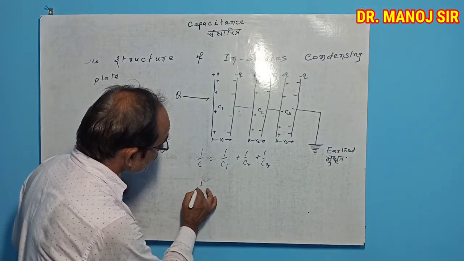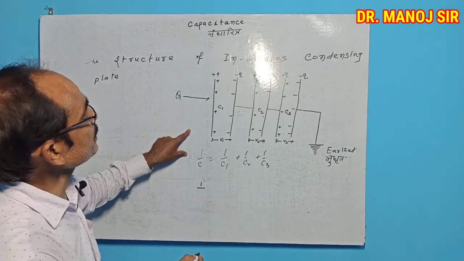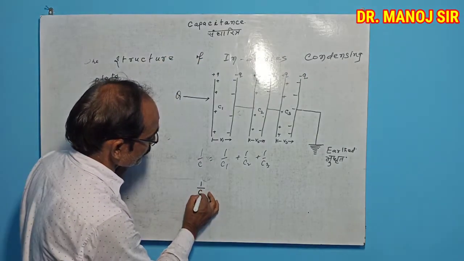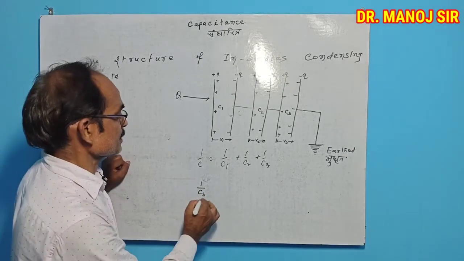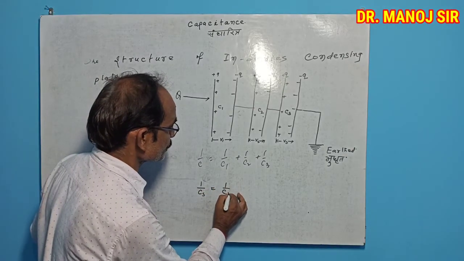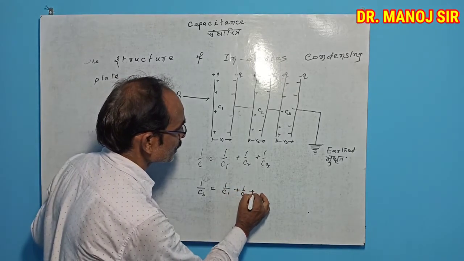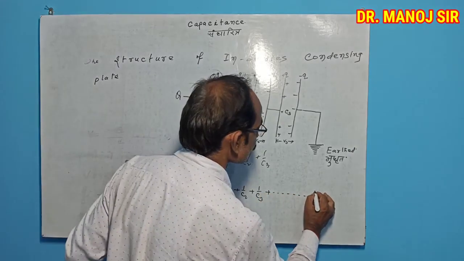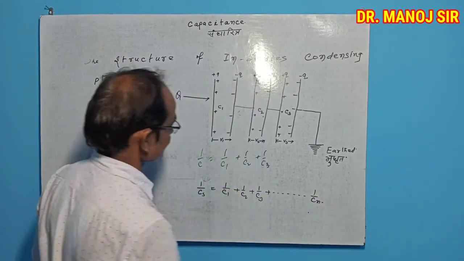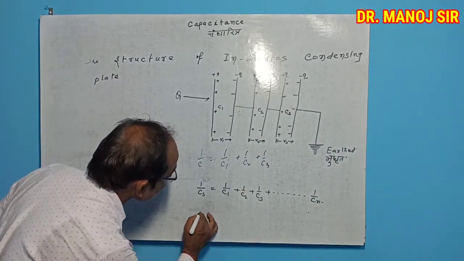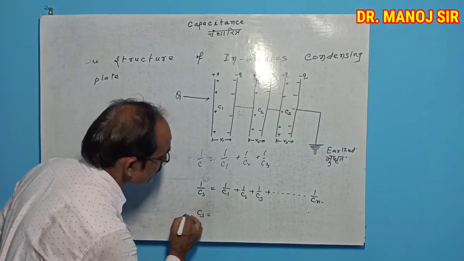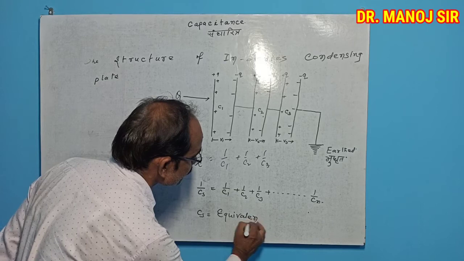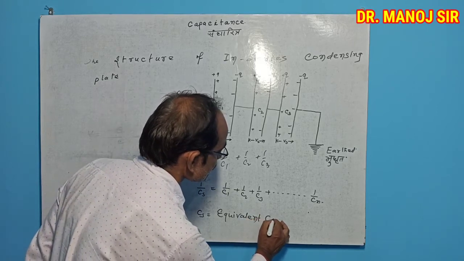Hence this is the series combination of capacitances, denoted as CS: 1 by CS equals 1 by C1 plus 1 by C2 plus 1 by C3 and so on up to 1 by Cn. Here CS is the equivalent capacitance.